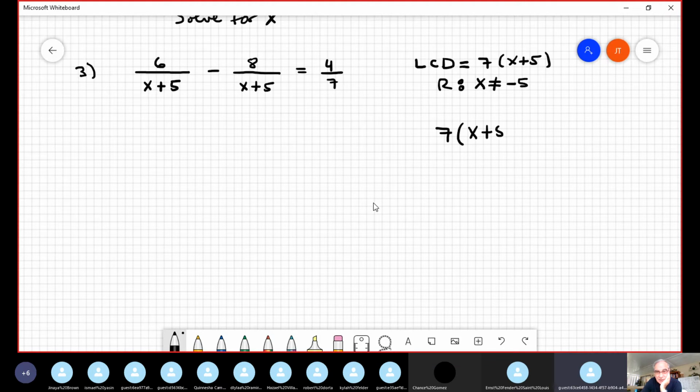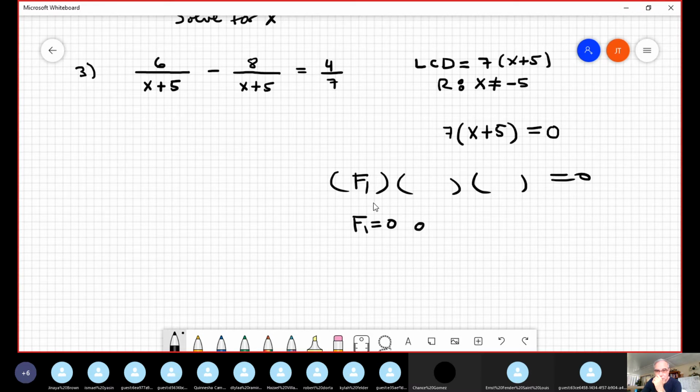So you copy this equation because I want to investigate restriction. So what is the reason that I eliminate this 7? Why do I eliminate this 7? Because when you have different factors equal to 0, it's because this factor is 0, or this factor is 0, or this factor is 0.